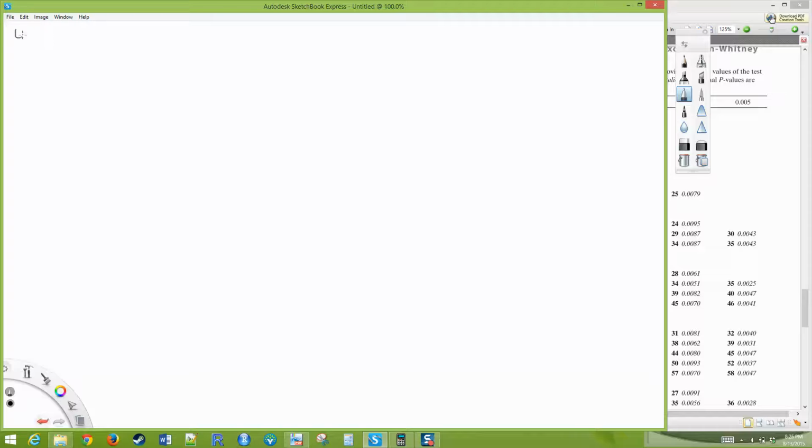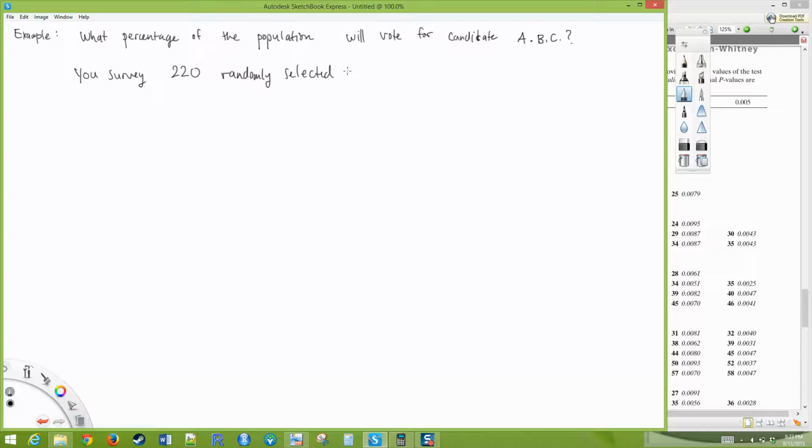So we'll try an example. All right, we want to know what percentage of the population will vote for candidate A, B, C. You survey 220 randomly selected likely voters.